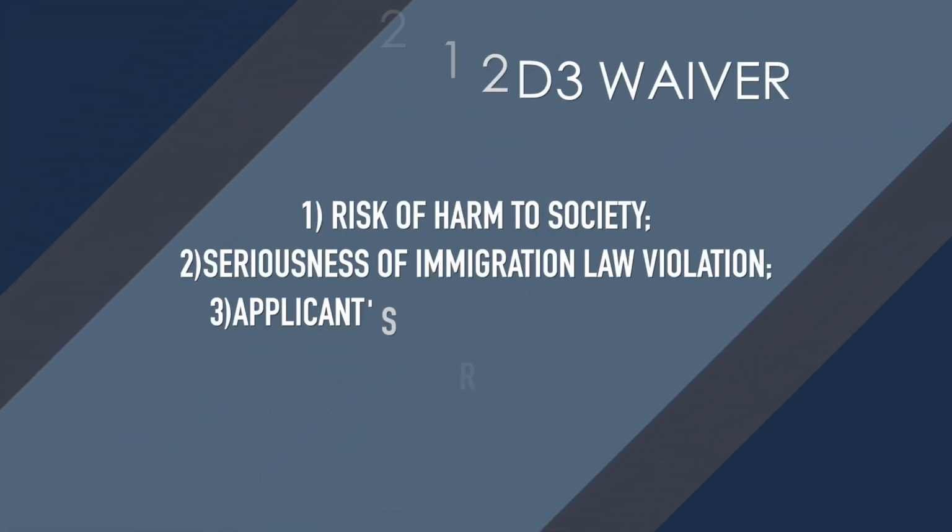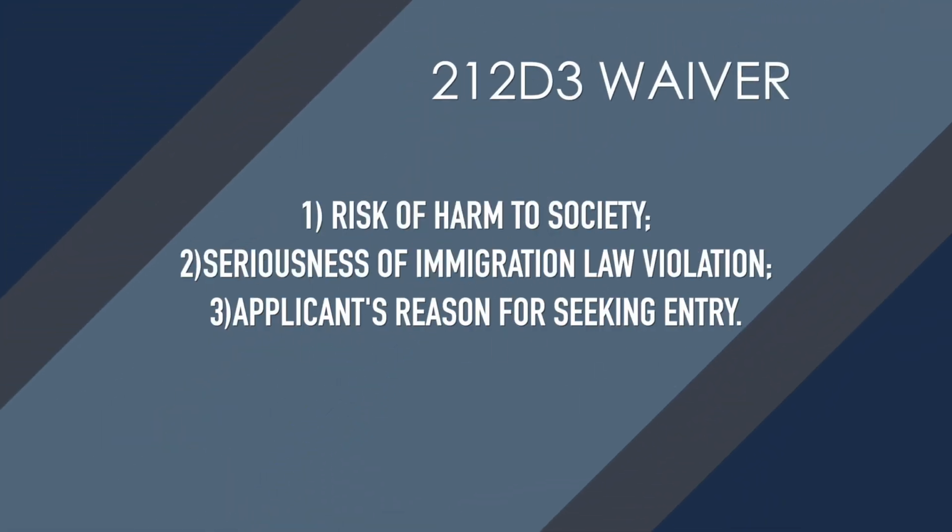They look at three different things: number one, risk of harm to society if you were to come to the U.S.; number two, seriousness of the immigration violation; and number three, reason for coming to the U.S. What do you want to do in the U.S.? So that's basically the framework of the law.